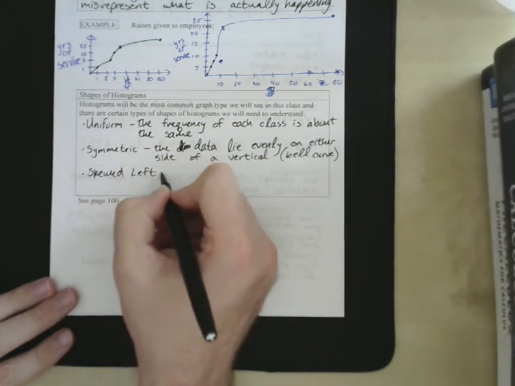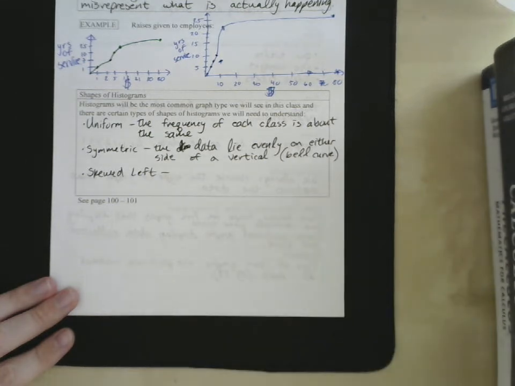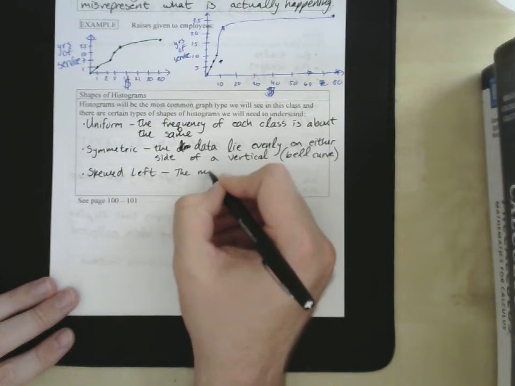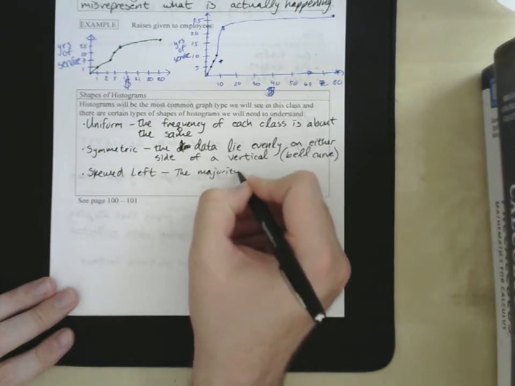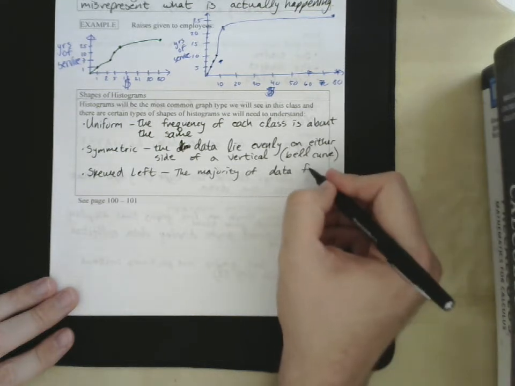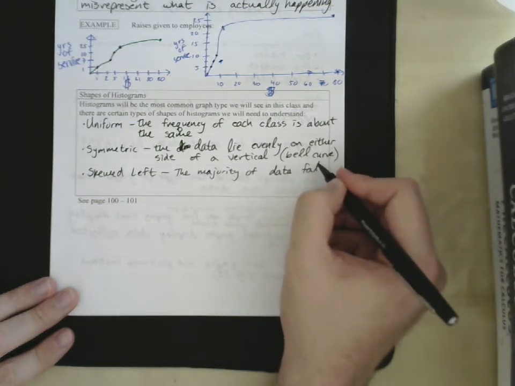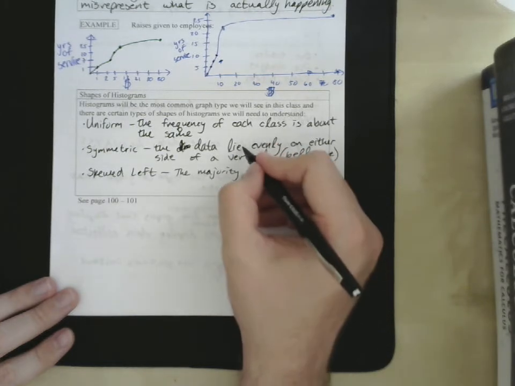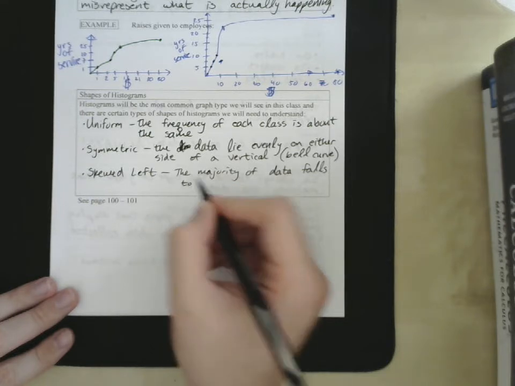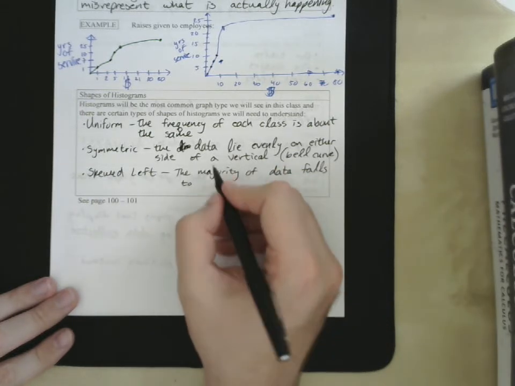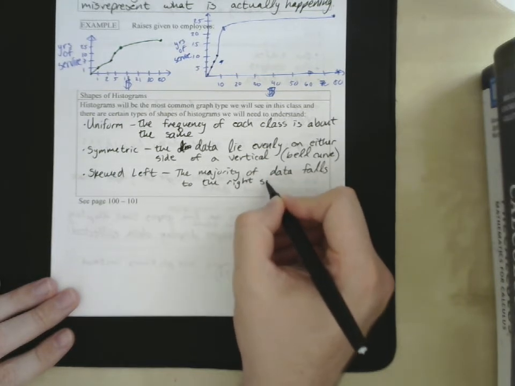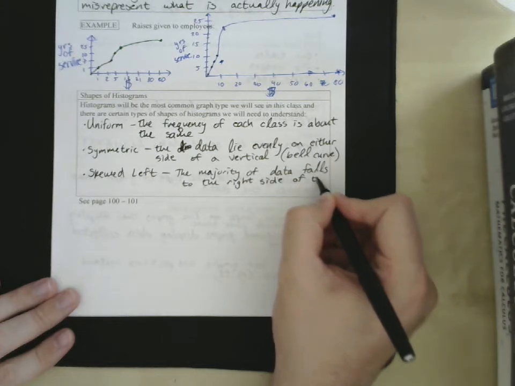Then we have skewed left. Now this is a weird term because skewed left actually means the majority of the data falls to the right side of the x-axis.